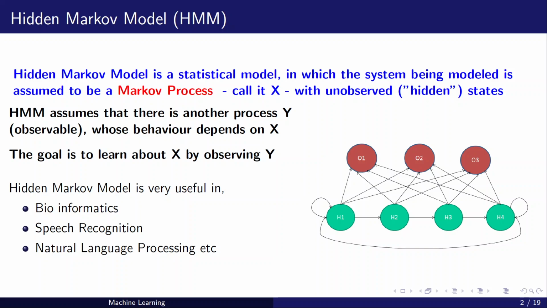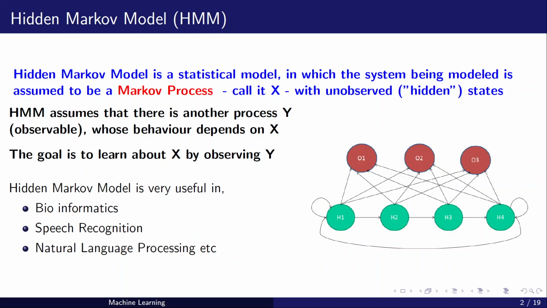But here, compared to an observed Markov model or discrete Markov model, the difference is that there are unobserved or hidden states. So this is a statistical model in which the system being modeled is assumed to be a Markov process. We'll call it X, with unobserved hidden states.